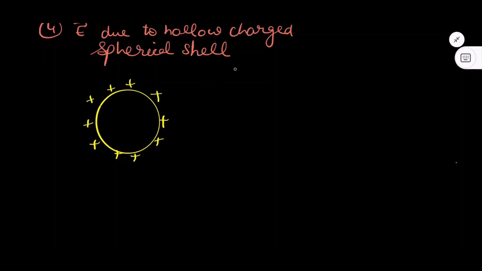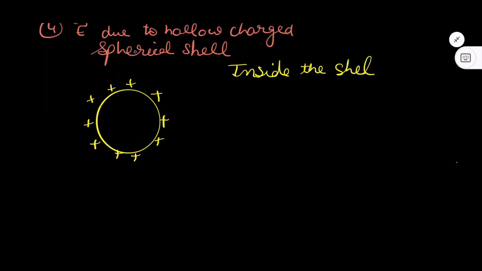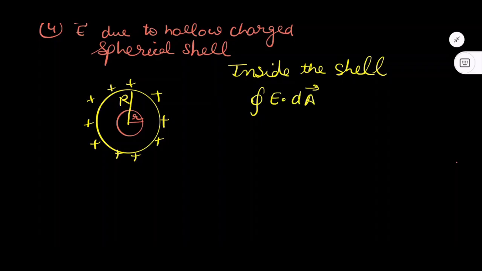Now let's first find the electric field inside the shell. For inside the shell, we'll draw a Gaussian surface inside, of radius small r, and the hollow charged spherical shell has radius capital R. Now let's apply Gauss law, which equals charge upon epsilon naught.